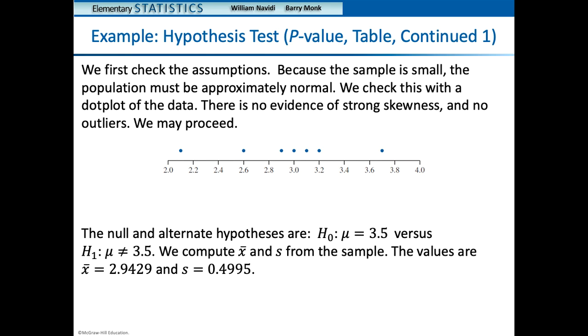The sample mean, which we obtain by adding up the 7 numbers and dividing by 7, gives us 2.9429. The sample standard deviation is computed using the sample standard deviation formula, which we covered back in chapter 3 of the class. Of course, you can also use technology to find that number, but if you compute it, you get 0.4995.